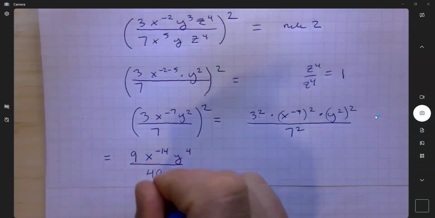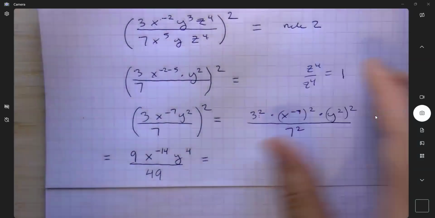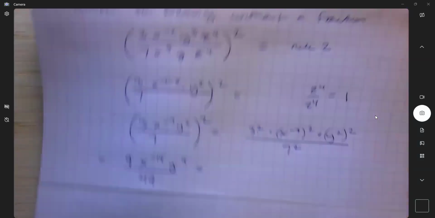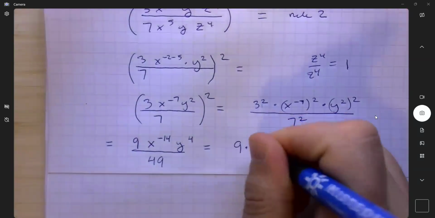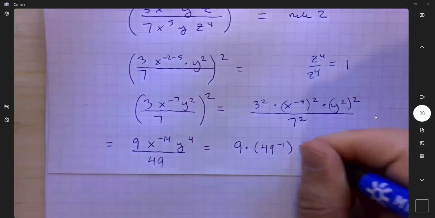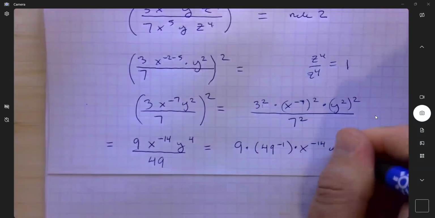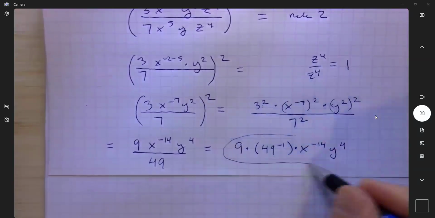And 7 squared is 49. And I'm really close, but I said I was going to write it without a fraction. So now I have to get a little bit creative here and say 9 times 49 to the minus 1 times x to the minus 14 times y to the 4th. And I've written this without a fraction.